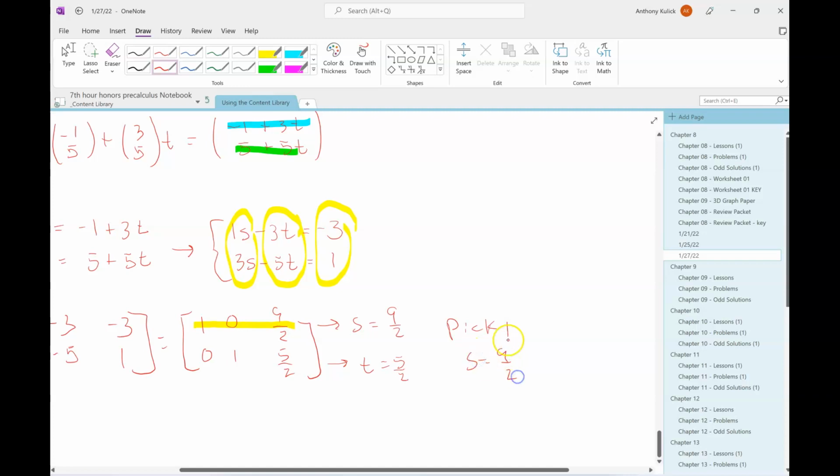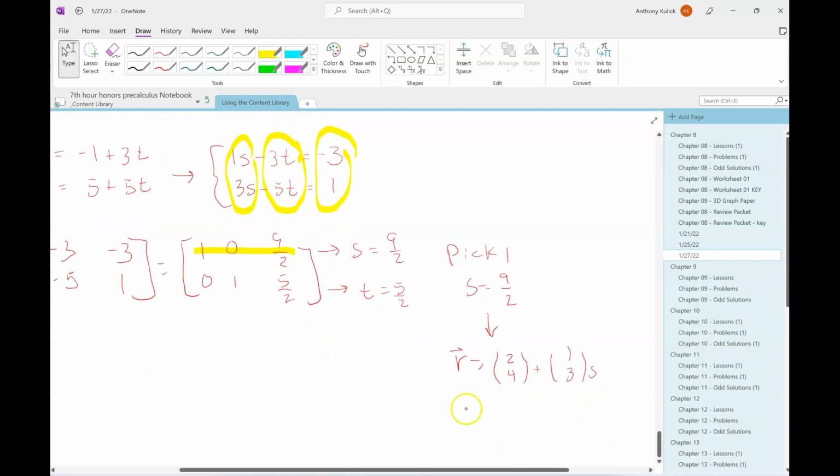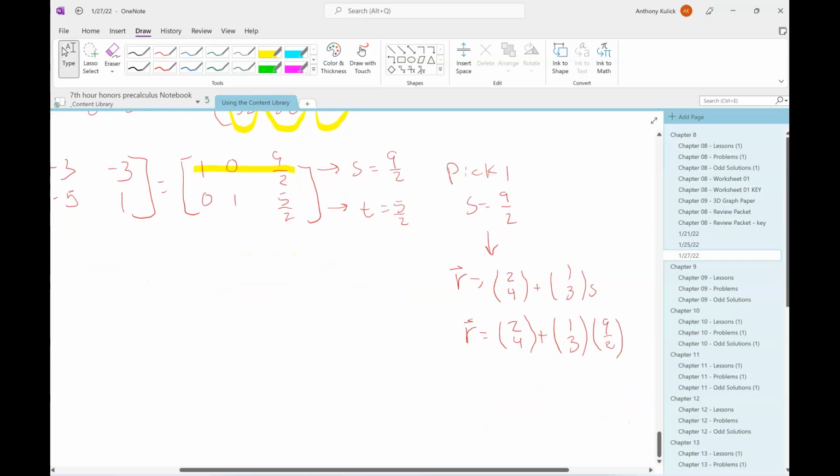So all I need to do is just pick one of these. So maybe I pick S. And then I'm going to just plug that into the vector line equation that had the S in it. And then just evaluate. So remember here, we have a vector, but 9/2 is a scalar, right? 9/2 is a fraction, not a vector.